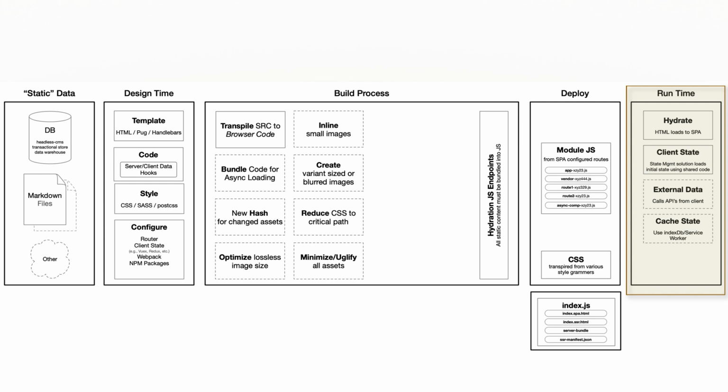That's a whole other topic. The only thing I'll point out on this runtime area is that the client state, it was mentioned earlier that one of the nice things about a framework like Nuxt, Next, and so on, is that you can use the same code to set your client state that you'd use to set your server state.